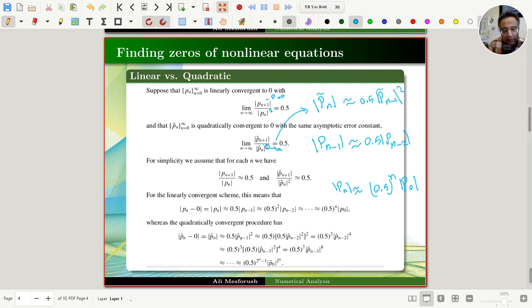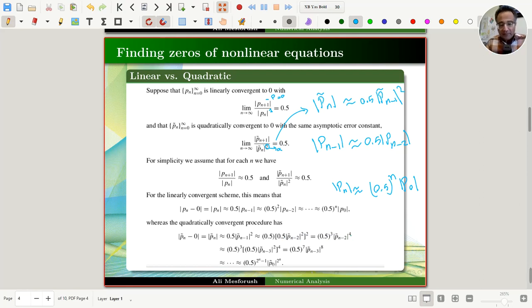And here, if we put instead of Pn-1 tilde, half Pn-2 tilde squared, we will get half times half squared, which is half to the power of 3, times the absolute value of Pn-2 tilde to the power of 4.